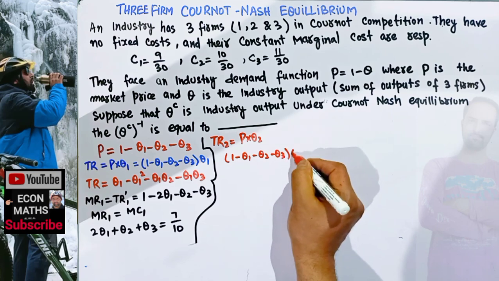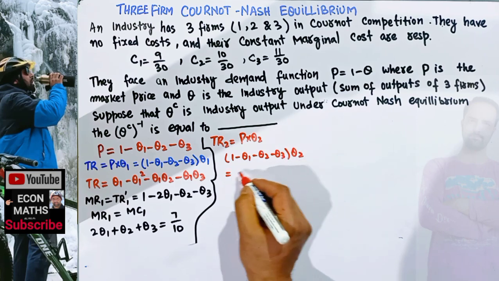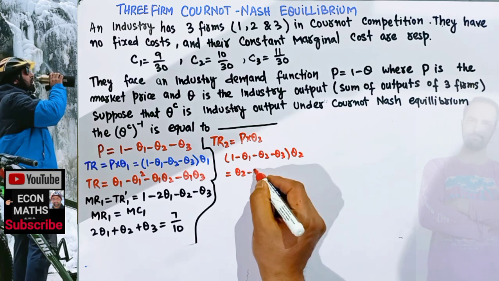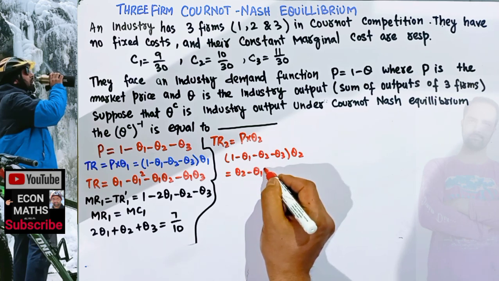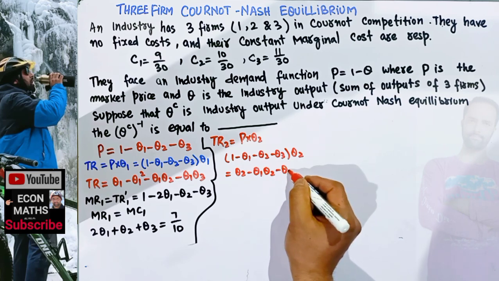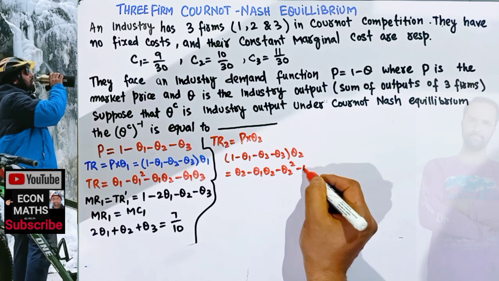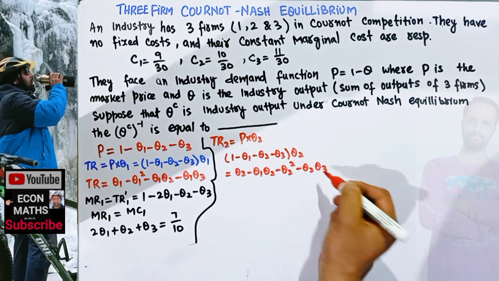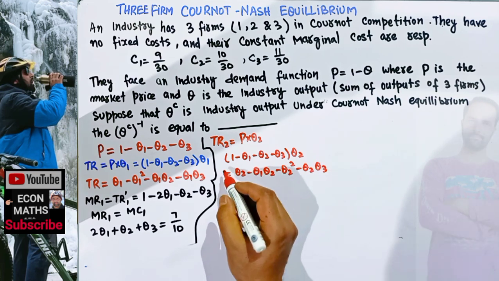To this we multiply Q2, so this will become Q2 minus Q1 Q2 minus Q2 square minus Q2 Q3. Okay, this is total revenue.